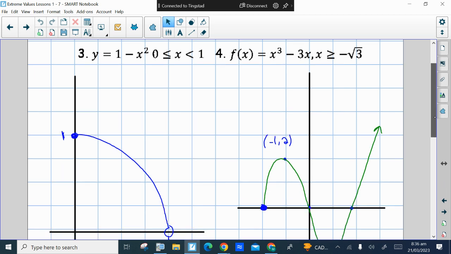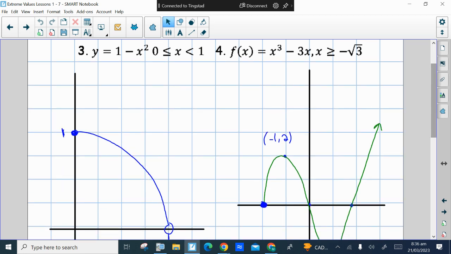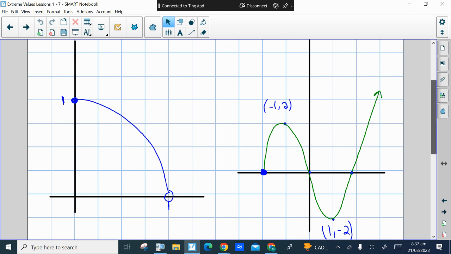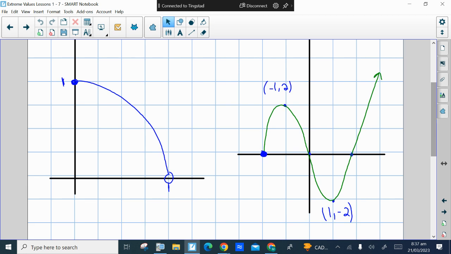In the third example, this is the graph of y equals 1 minus x squared, but notice there's a restriction on the domain. The domain is that x must be greater than or equal to 0, but less than 1. And that's why there's an open dot at the point where x equals 1. The scale for that graph is actually 0.25.